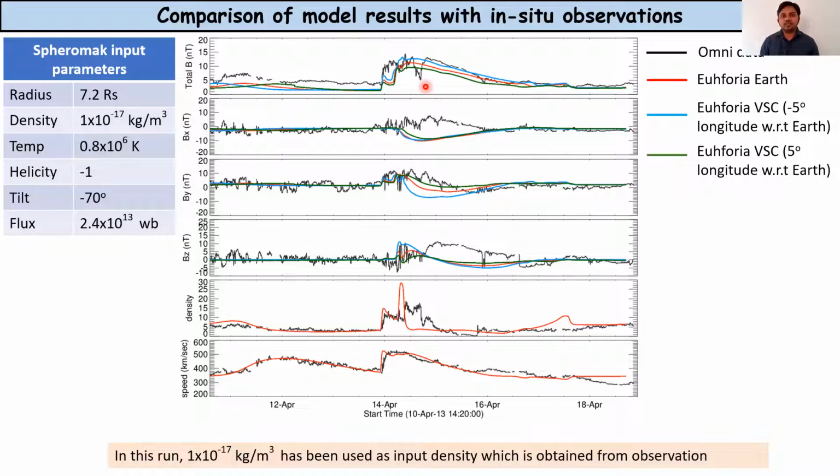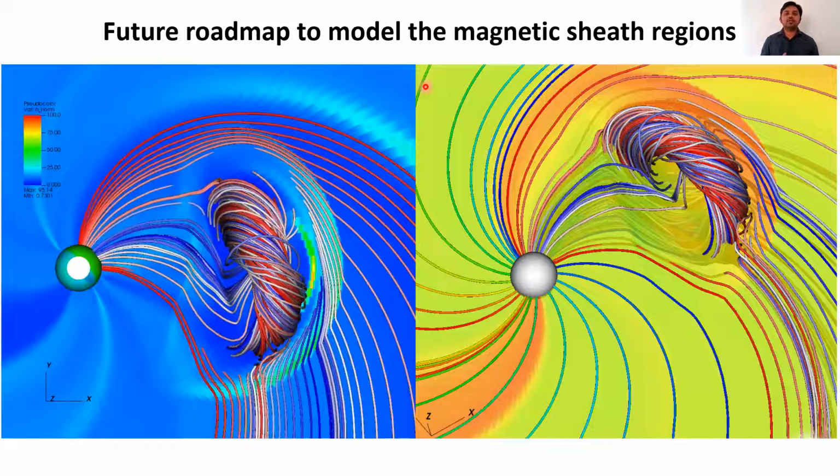And just before finishing, I would like to show our future roadmap. This is a kind of byproduct of this work, where we have found that in a big picture, we can also see the formation of the sheath regions. The background images correspond to the density, and here the background images correspond to the speed profile.